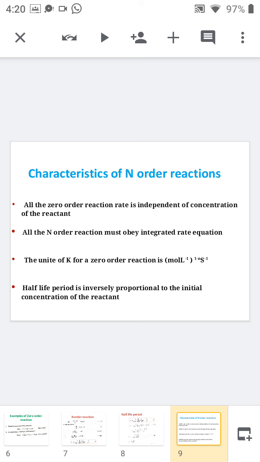The unit of K for the nth order reaction is (mol liter inverse) to the power 1 minus n, second inverse, and half-life period is inversely proportional to the initial concentration of the reactant.